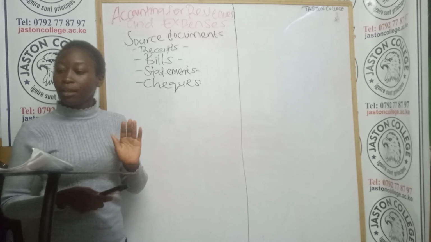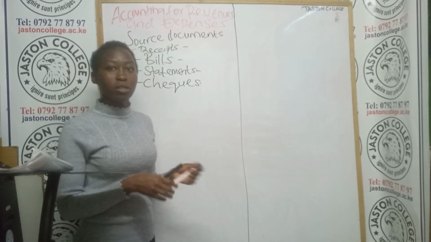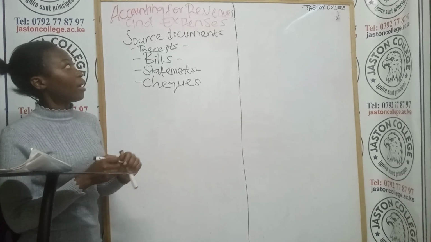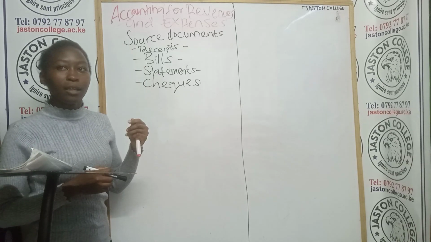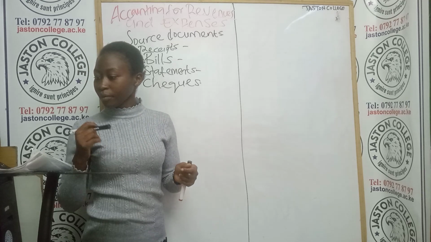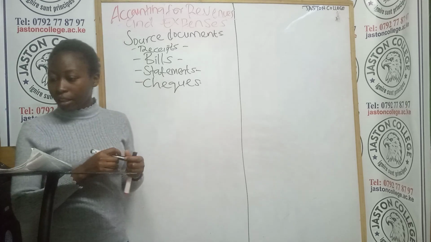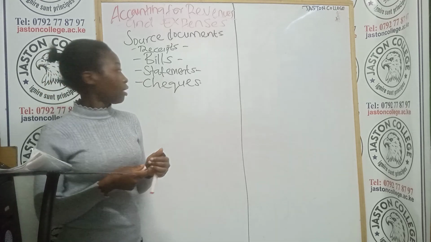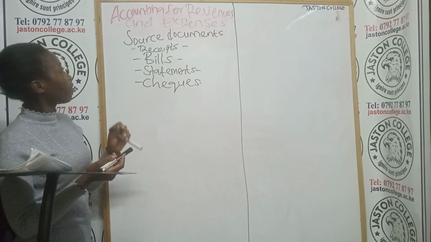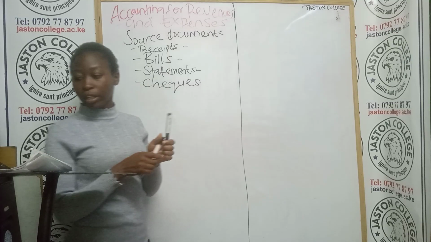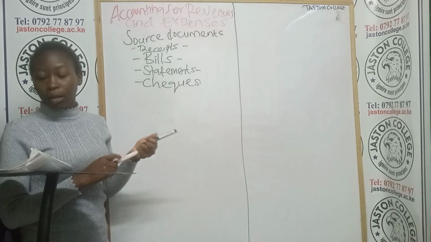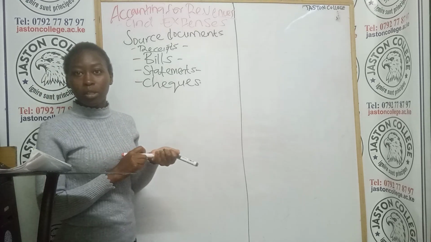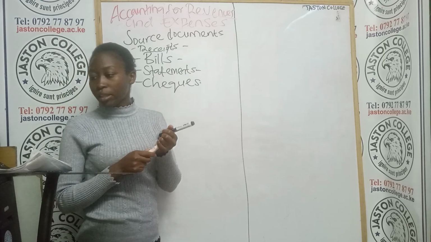Then the expenses, they are the costs that we always incur in our sales or our payments. Then we also have some other documents. We call them the original documents or original day books that we use.